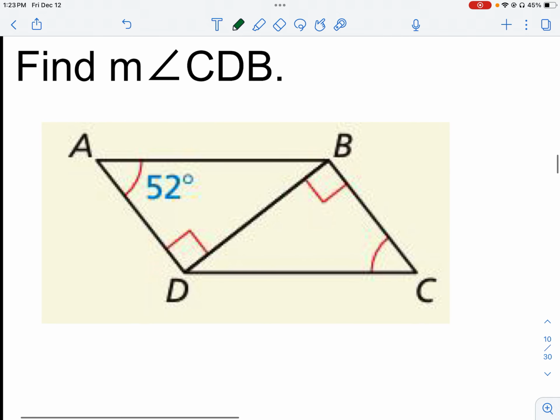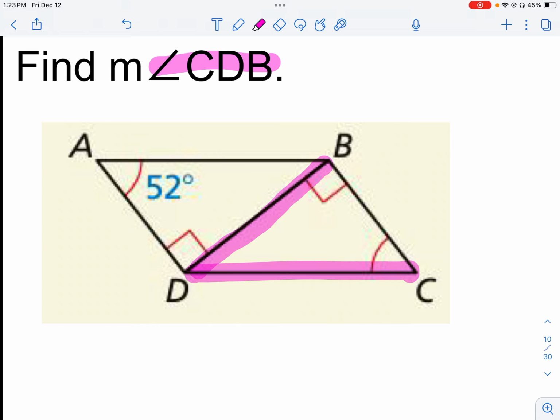So now, our last example, let's find the measure of angle CDB, which is this one right here. Well, here's 52, so this is 52.